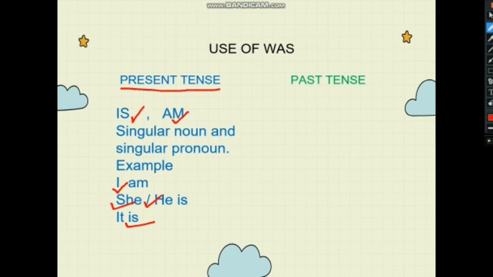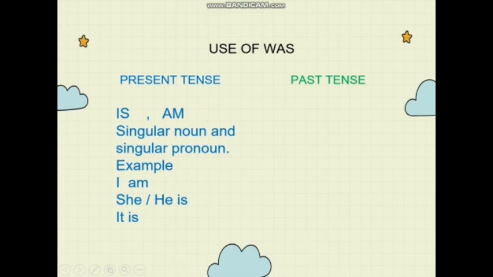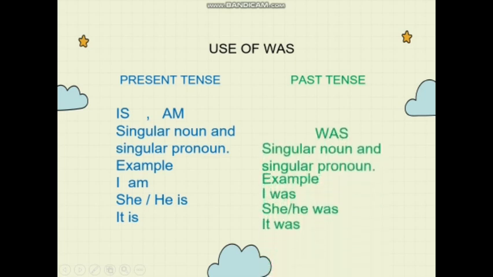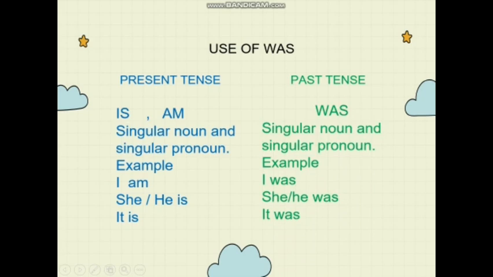Now if we have to say something which has happened in the past, then we make the use of was. Was use करेंगे, remembering that we are using was with singular noun and pronoun. चाहे present tense हो, चाहे past tense हो. When we are using was, is or am, the noun and pronouns are going to be singular.